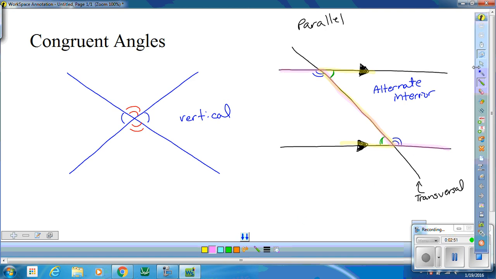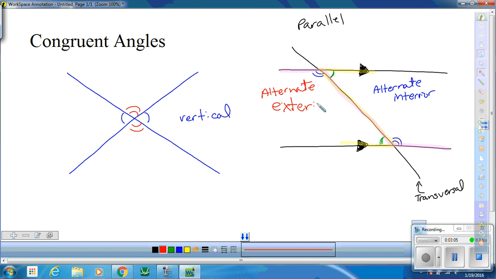The same can be said for alternate exterior angles. Alternate exterior angles are on opposite sides of the transversal, but outside of the parallel lines.